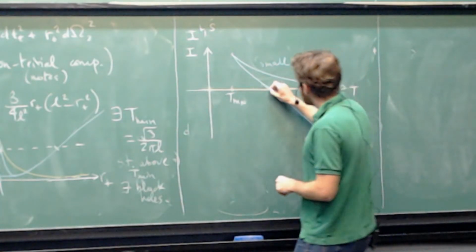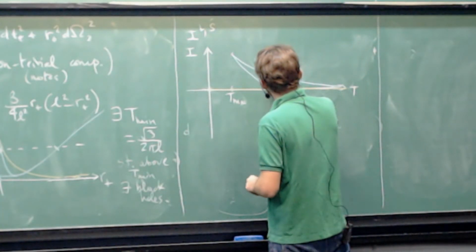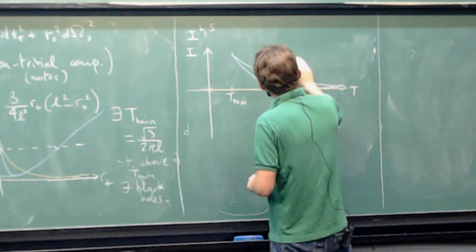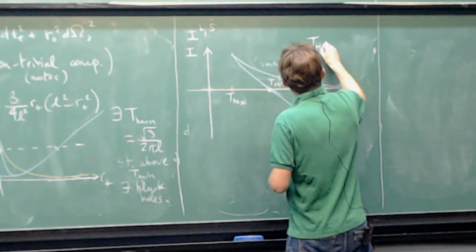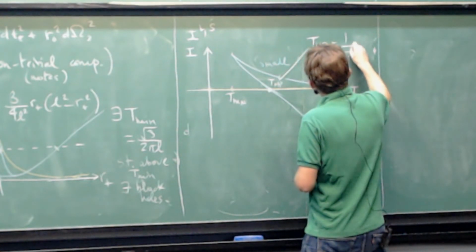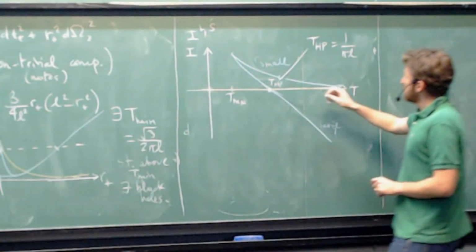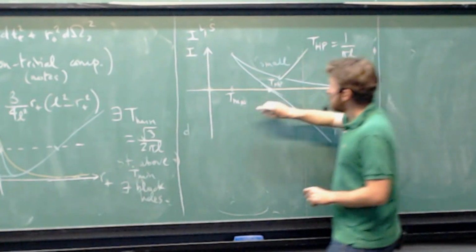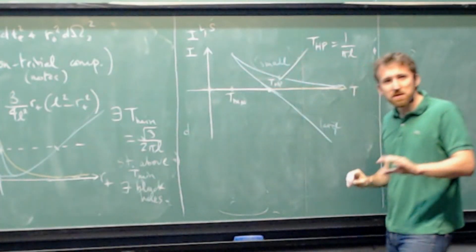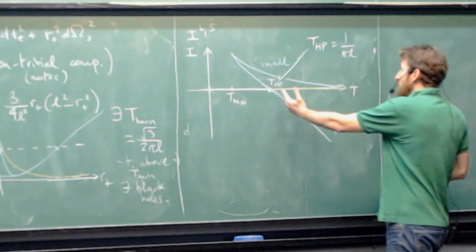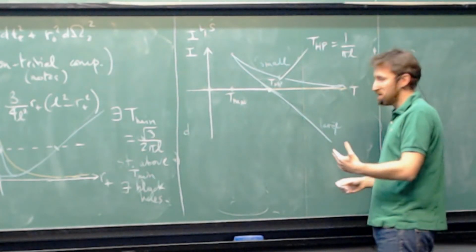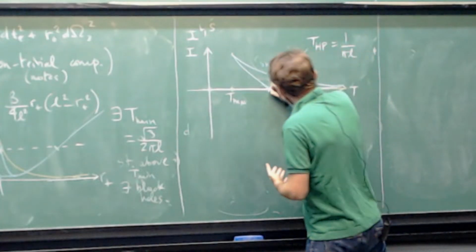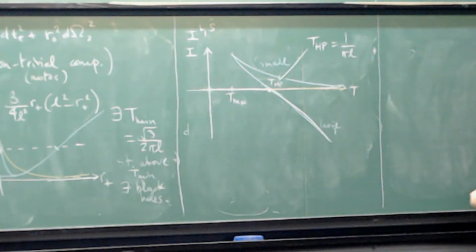However, until I get to this point, which is called the Hawking-Page temperature, AdS is always the dominant contribution. When I consider the gravitational path integral with a temperature that is larger than the Hawking-Page temperature, then the large black hole becomes the dominant contribution to my system.